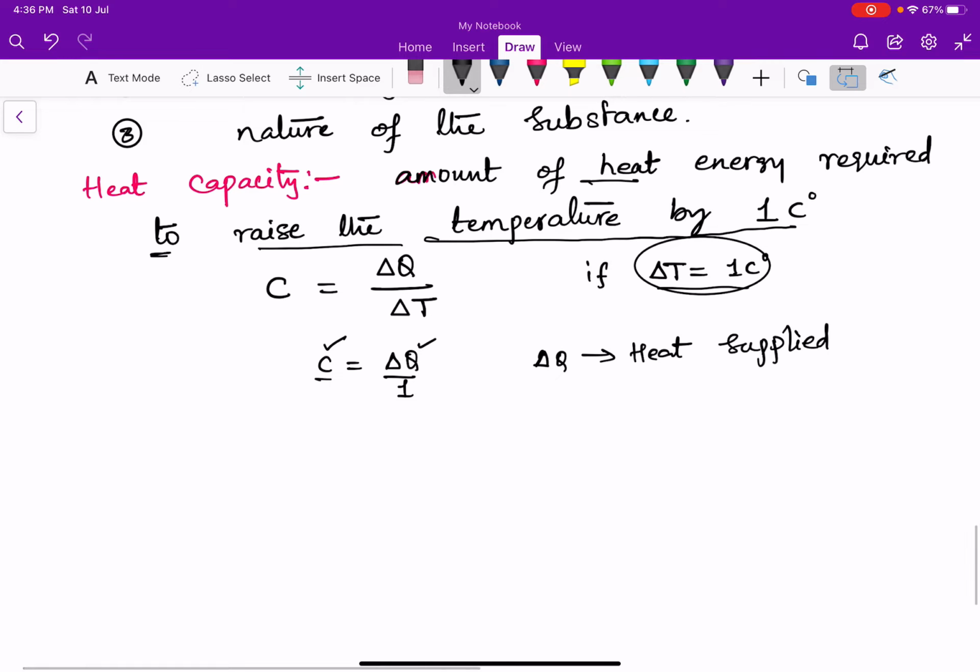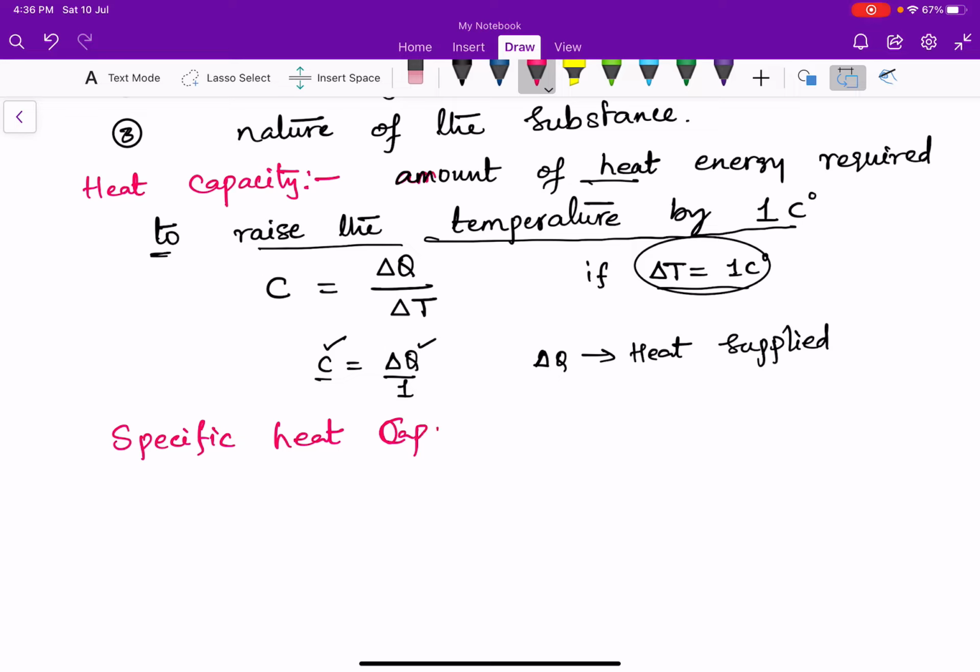Okay. Now I am going to discuss specific heat capacity. That means the amount of substance is also specific in this case. If amount of mass is more, the amount of heat energy required will be more. If amount of mass is less, the amount of heat required will be less. So in order to avoid dependence of heat capacity on mass, we are going to define heat capacity per unit mass, that is, specific heat capacity.